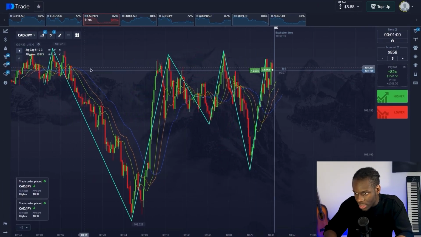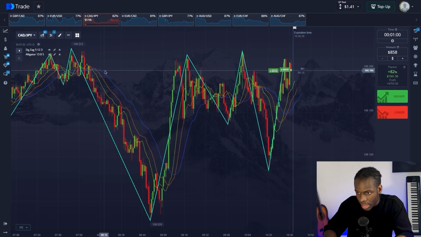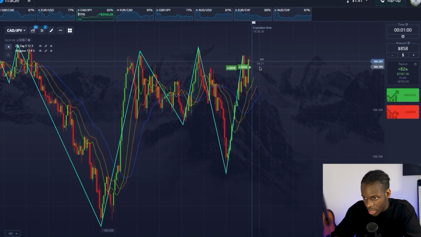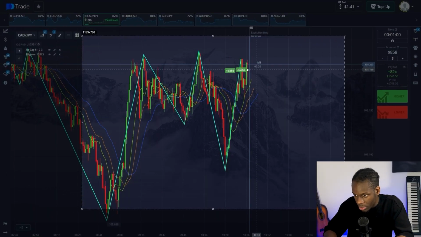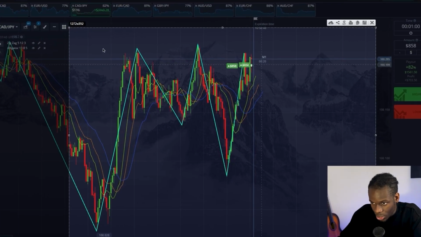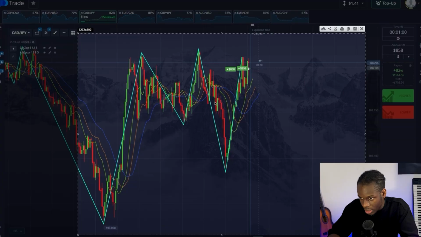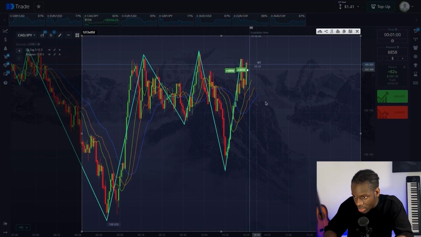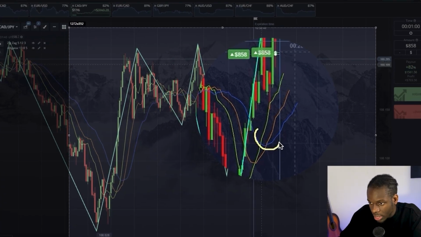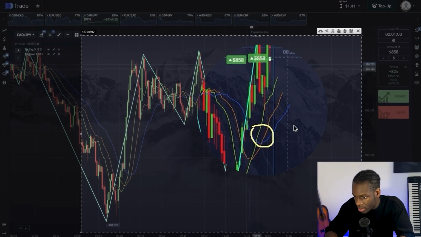So guys, we're taking 2 buy orders here, and the logic for this is also following the trend. We can see, so let me zoom that in a bit for you guys. We can see over here the moving averages crossed, which is signaling a very strong bullish trend.